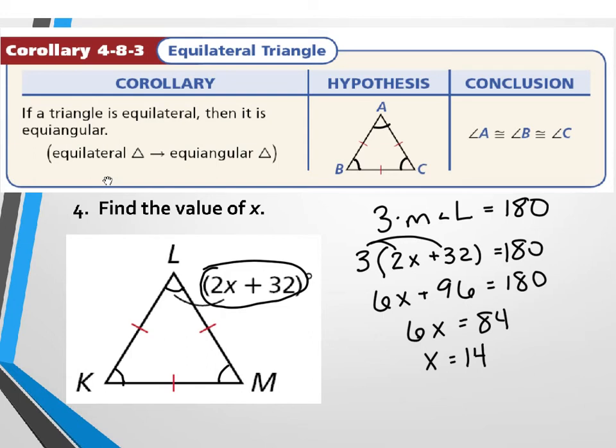Now if we're asked to find the measurement of angle L, K, or M, which are all the same thing, we would just plug our solution for x back in, and that would give us our angle measurement, which should be 60, because an equiangular triangle always has all angle measurements inside it equal to 60 degrees.